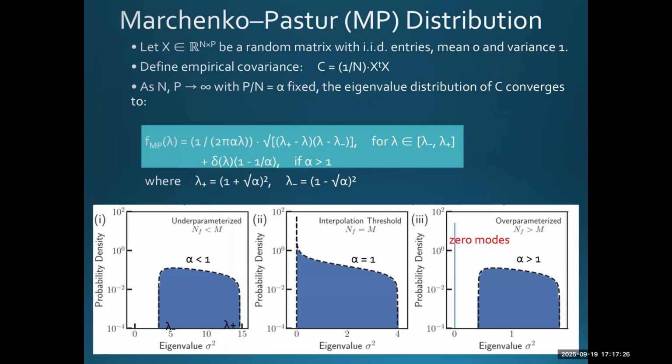All these are related to the so-called Marchenko-Pastur distribution. What is the MP distribution? Let X be a random matrix with independent identical distribution, having mean 0 and variance 1, and then define the covariance using X. As n and p go to infinity with alpha fixed, the eigenvalue distribution of this covariance converges to a unique distribution, the so-called MP distribution.